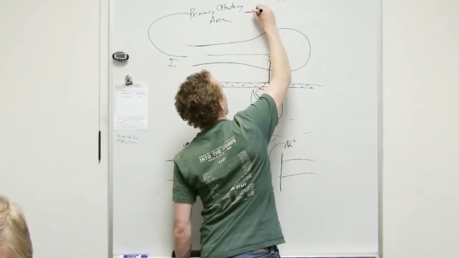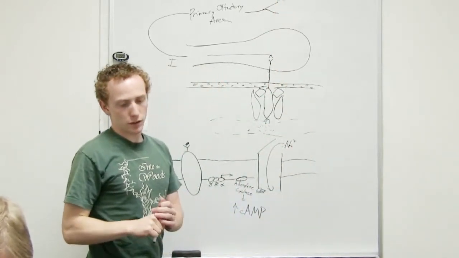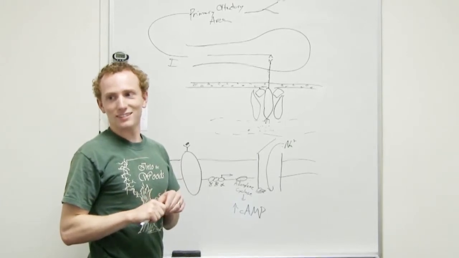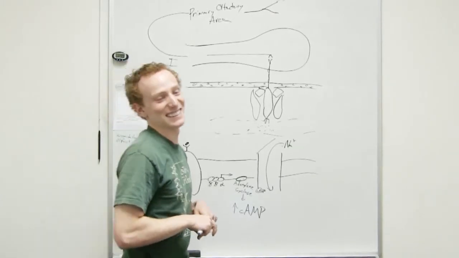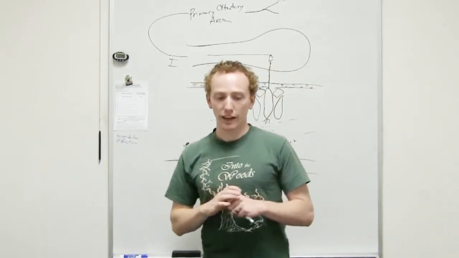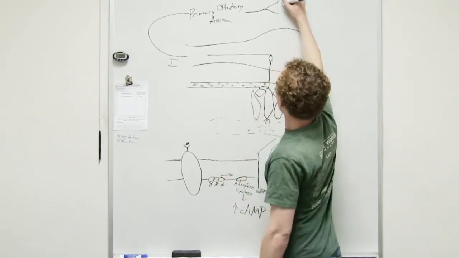And then it can go to one of two places. For storage, I think. Your brain stores certain things. It's the medial olfactory area or the intermediate olfactory area.